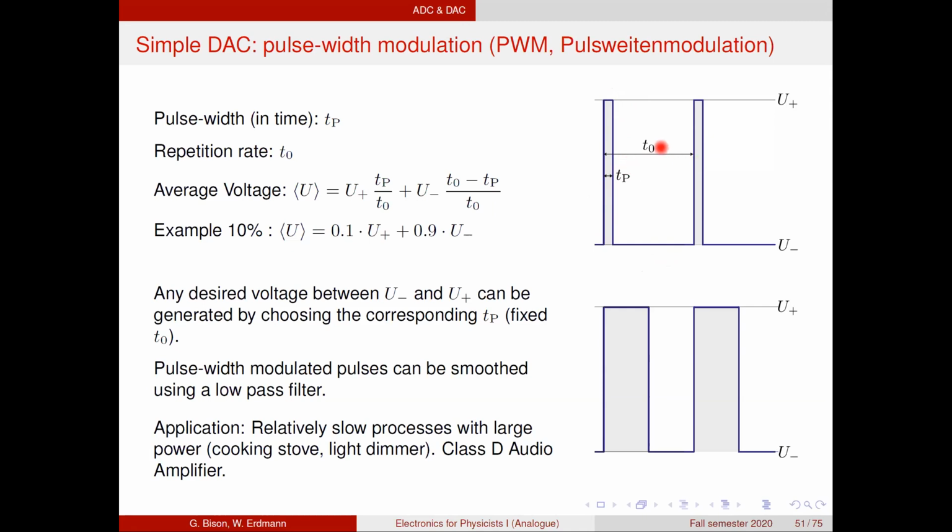Typically the pulse duration is kept constant. With this method, we can generate any voltage between U plus and U minus. And of course, we don't want this to be a pulse train in our signal, and it's possible to smooth it with a low-pass filter afterwards.